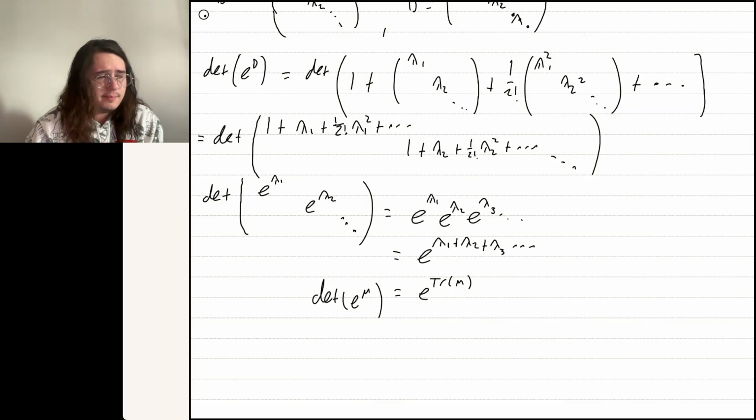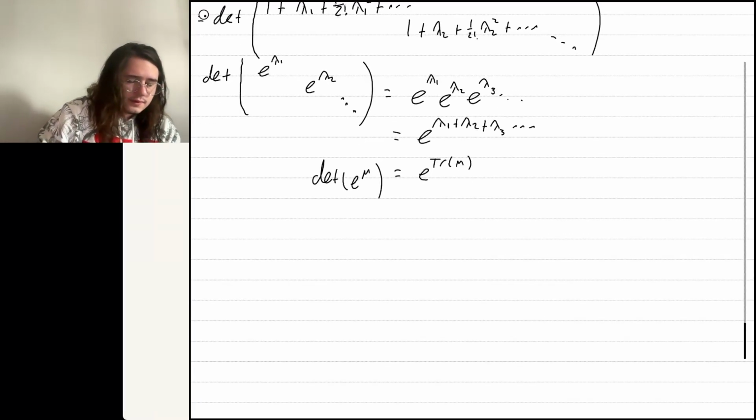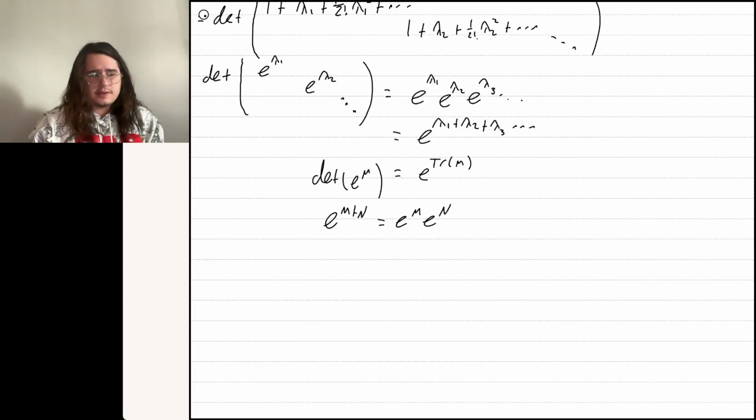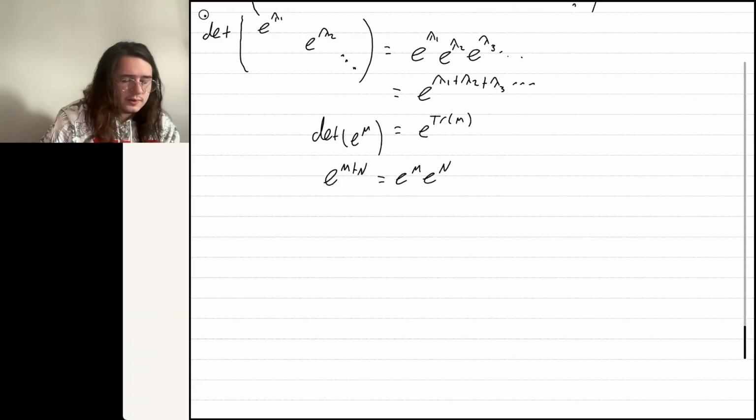Show that if the matrices M and N commute, then e to the M plus N is equal to e to the M, e to the N. This is a part of the problem that I don't fully understand because it's really weird.